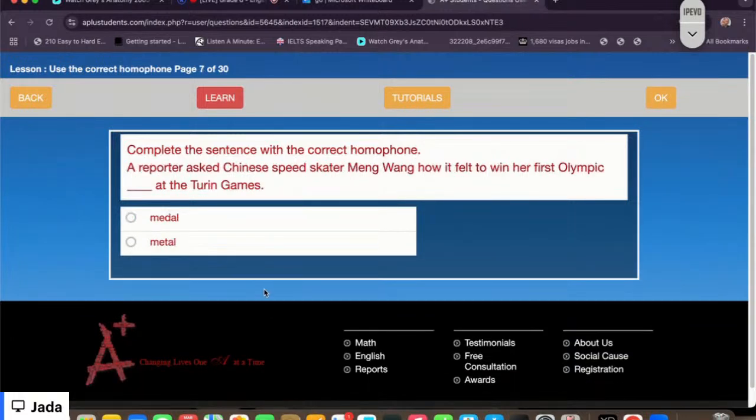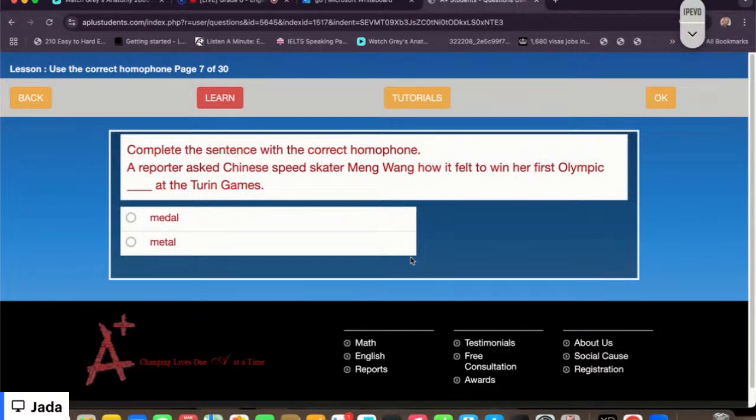A reporter asked Chinese speed skater Meng Wang how it felt to win her first Olympic dash at the Turin Games. So medal or metal? Medal or metal?